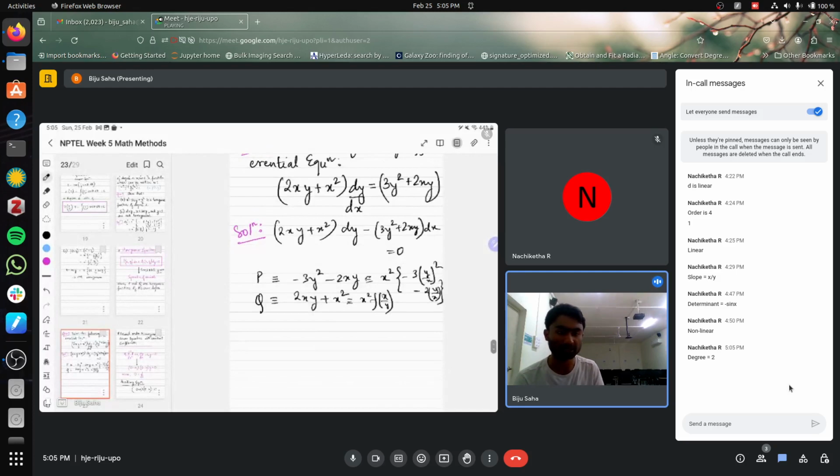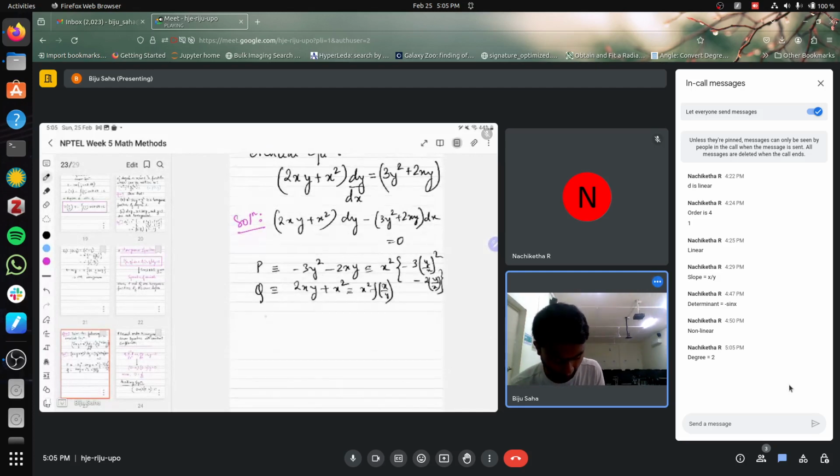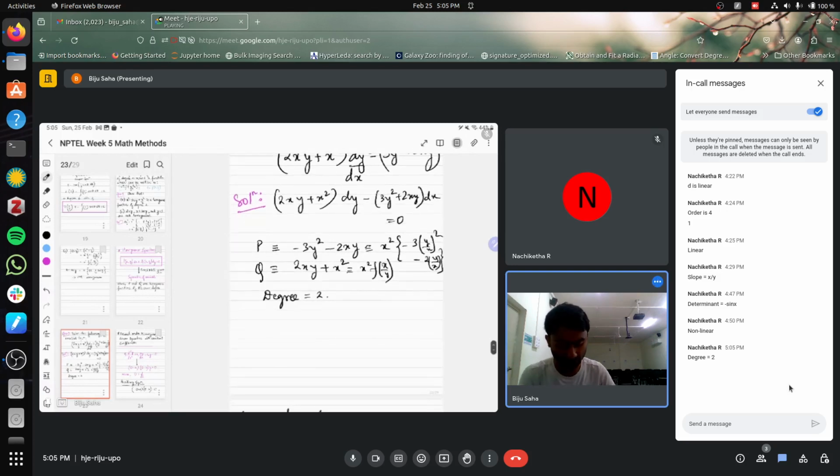So yes, you're correct that the degree of the functions is 2. They have the same degree and they're homogeneous. So let's go towards applying that process.